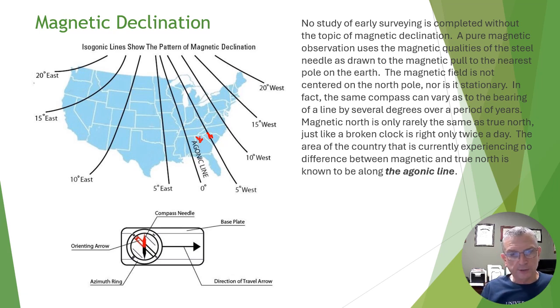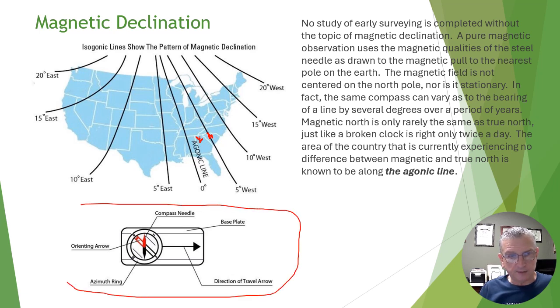So what they would do in modern days is they make a declination ring, and you can adjust the arrow so that it's actually pointing due north instead of 5 degrees northwest.